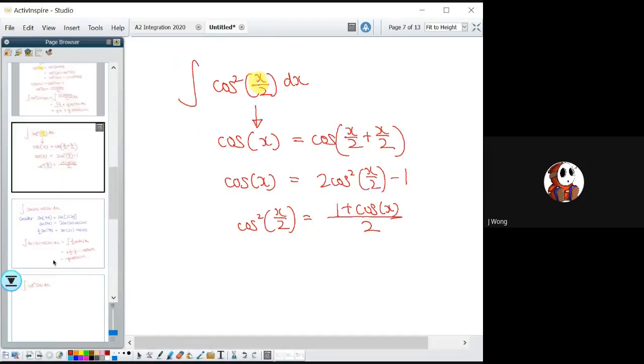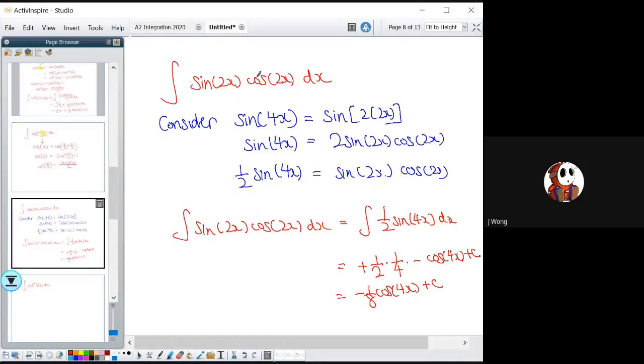When it is a multiple of sine and cos with the same argument, then we'll still consider using a trigonometry identity. In this case, it will be the sine double angle formula. And then once again, we're just going to double the argument at this point. Okay, so we're just going to double it.